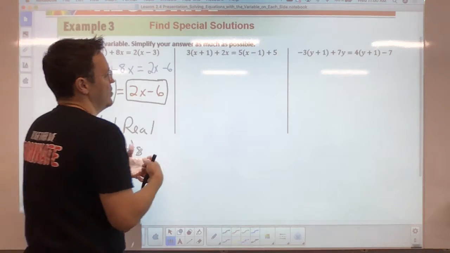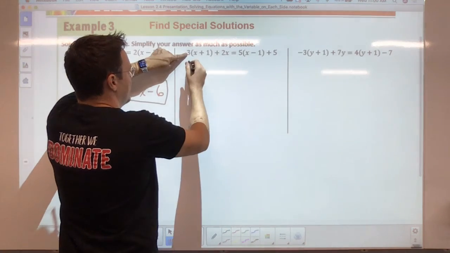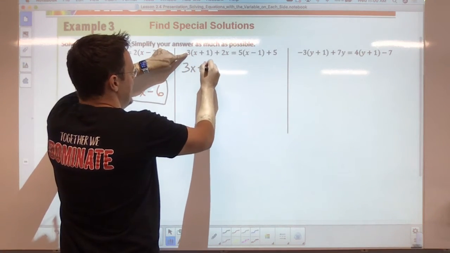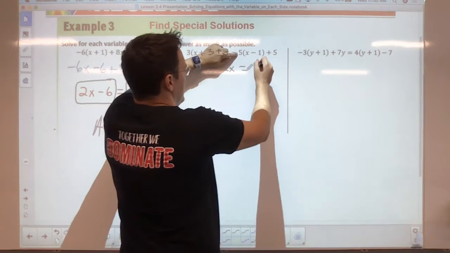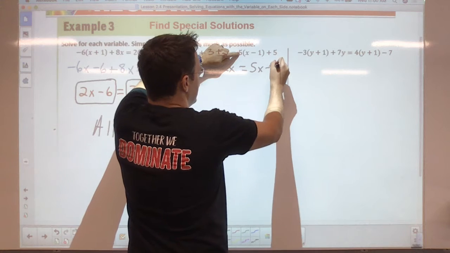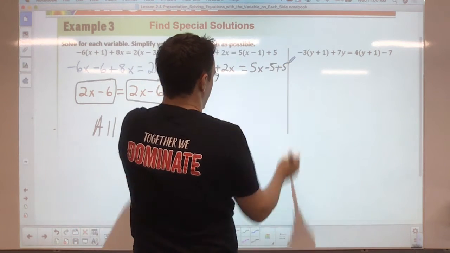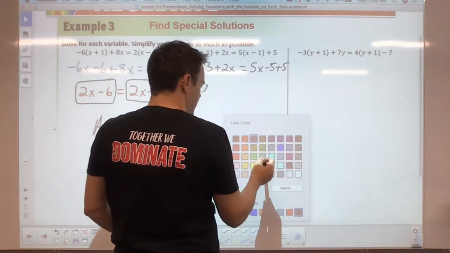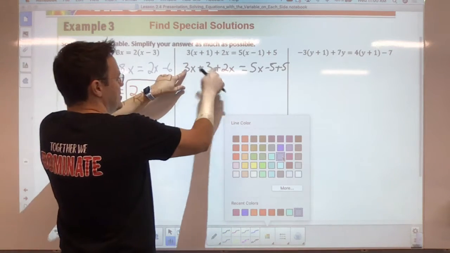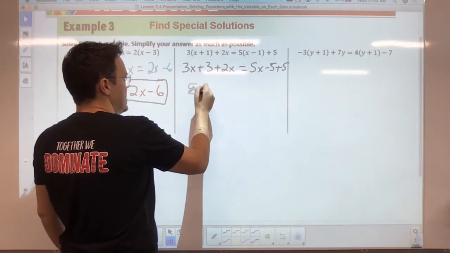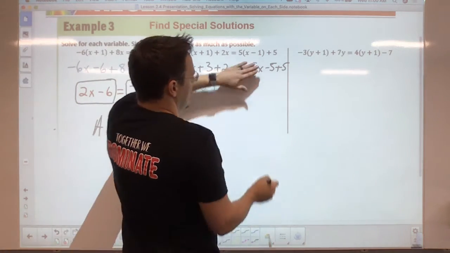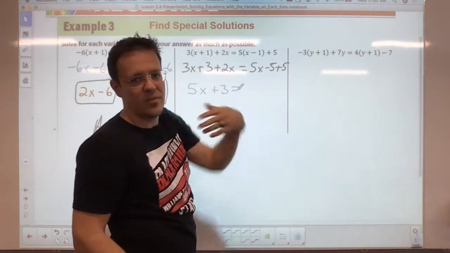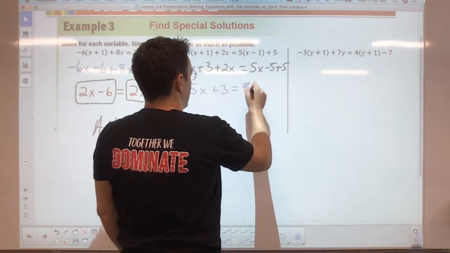All right, so let's find out if you go the other way, right? So we have 3x and 3 and 2x equals, then we got 5x minus 5 plus 5. Right now, combine like terms. So on this side here, I got 3 and 2 is 5, plus 3 equals, and then negative and positive 5 cancels each other out, so I have 5x.